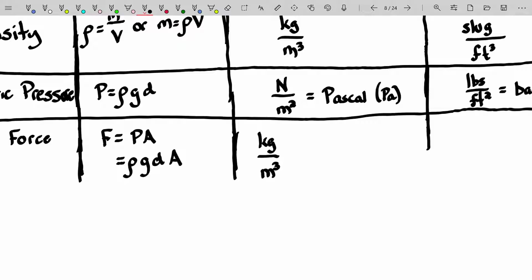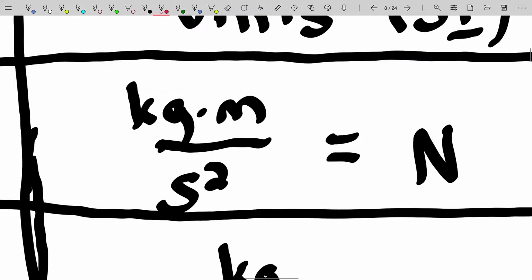You have acceleration due to gravity, which is meters per second squared. You have a depth, which is in meters, and you have an area, which is in square meters, and the square meters times the meters becomes cubic meters, which cancels with the cubic meters downstairs, and you will end up having kilogram meters per second squared, which is the Newton.